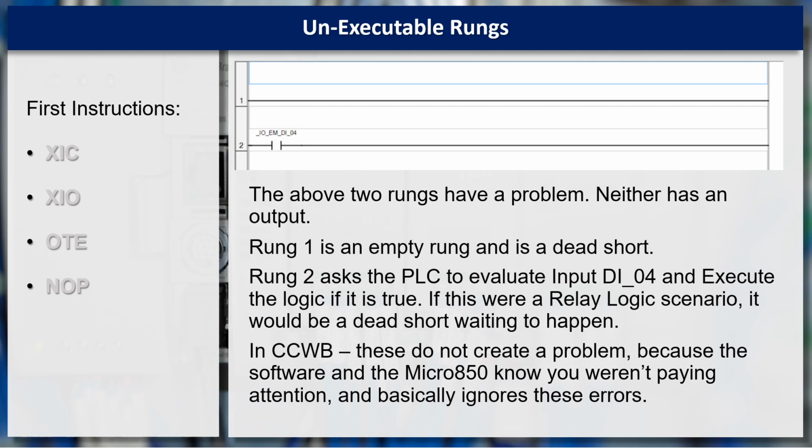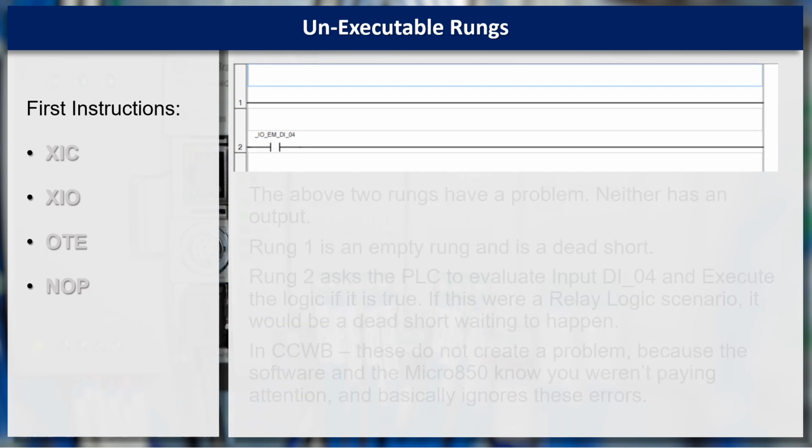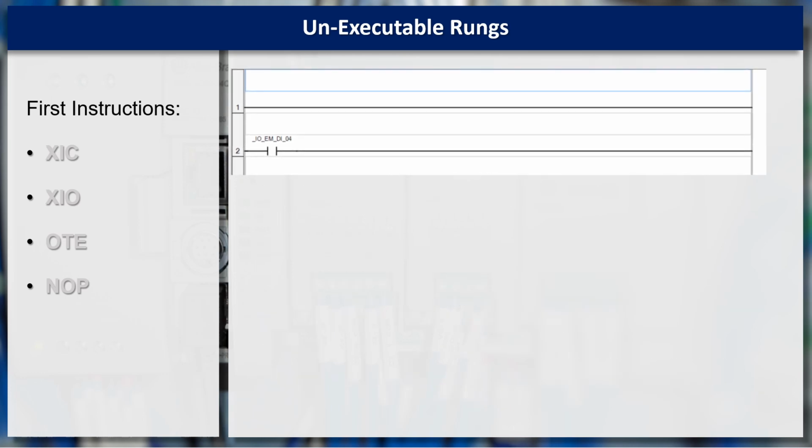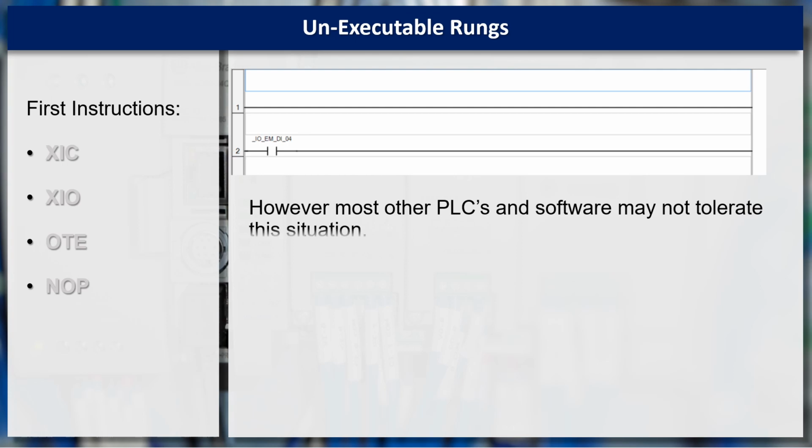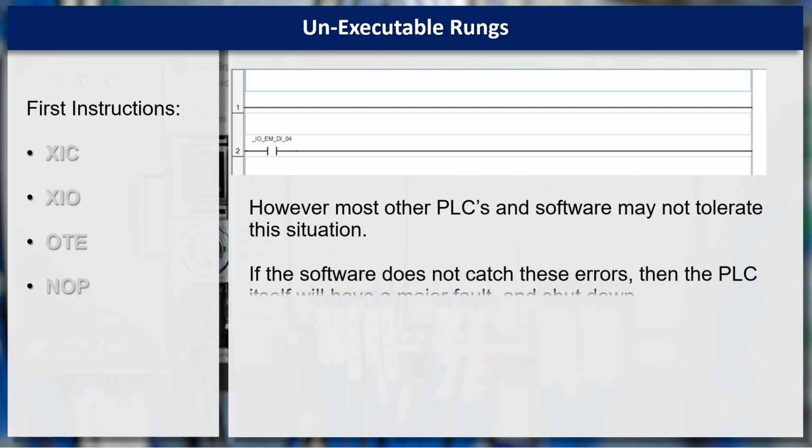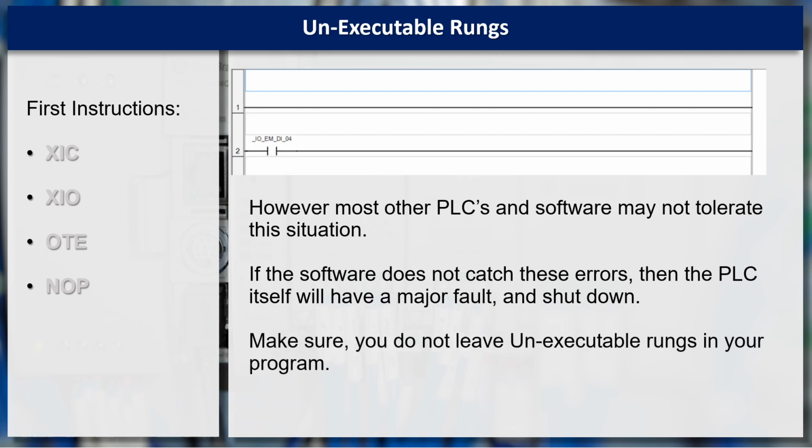In Connected Components Workbench, these do not create a problem because the software and the Micro 850 know you weren't paying attention and basically ignore these errors. However, most other PLCs and software may not tolerate this situation. If the software does not catch these errors, then the PLC itself will have a major fault and shut down. Make sure you do not leave unexecutable rungs in your program.